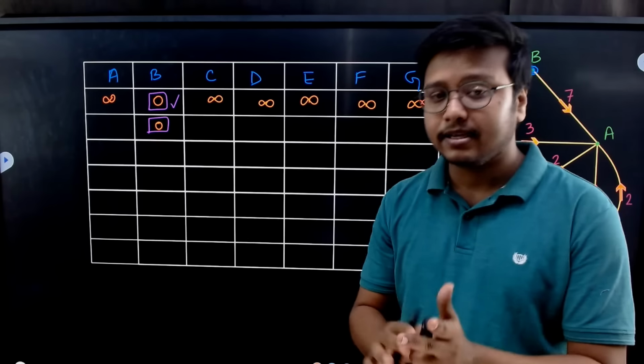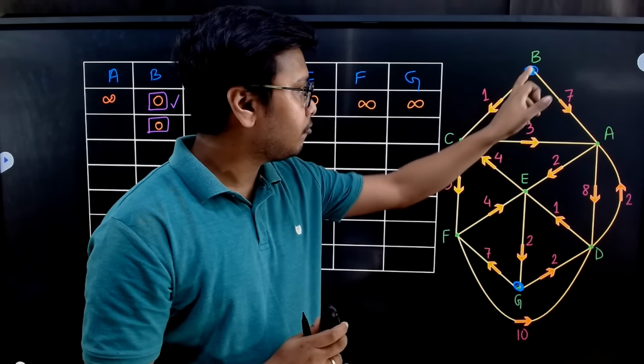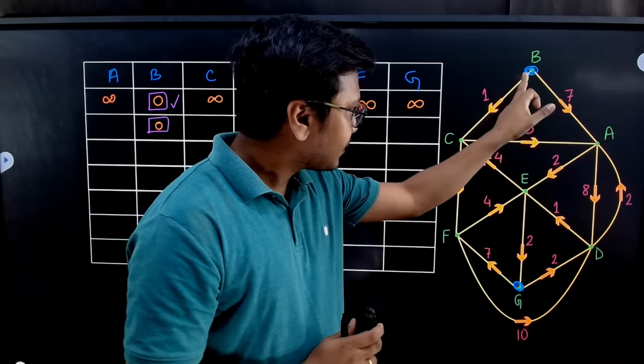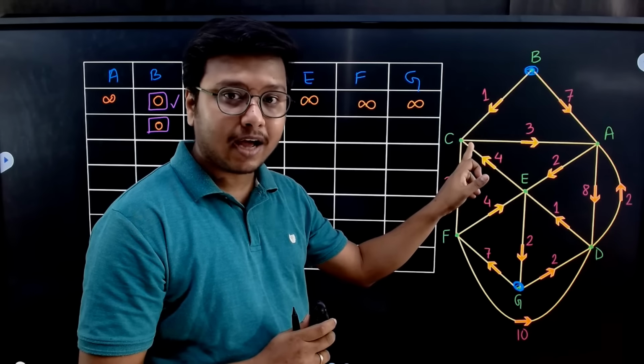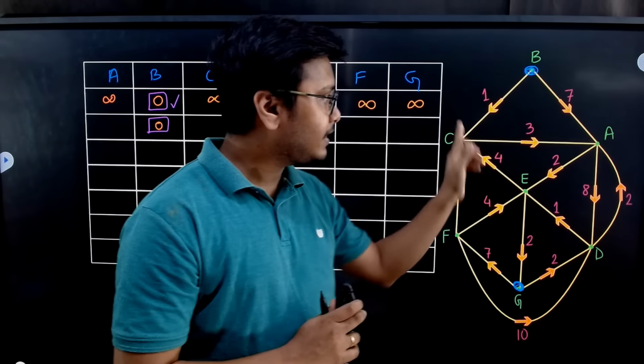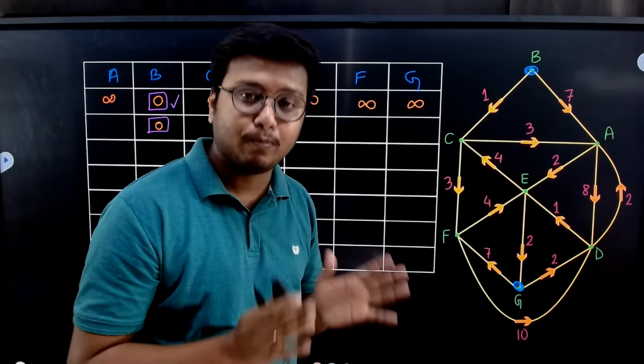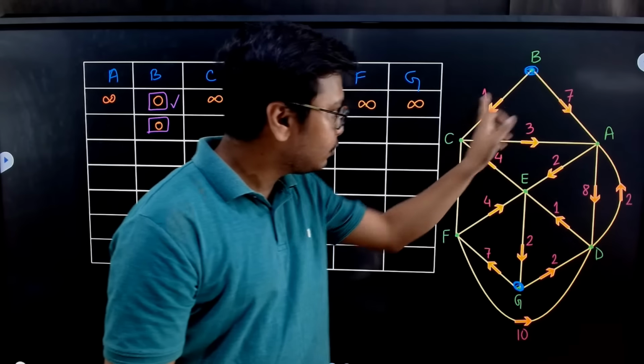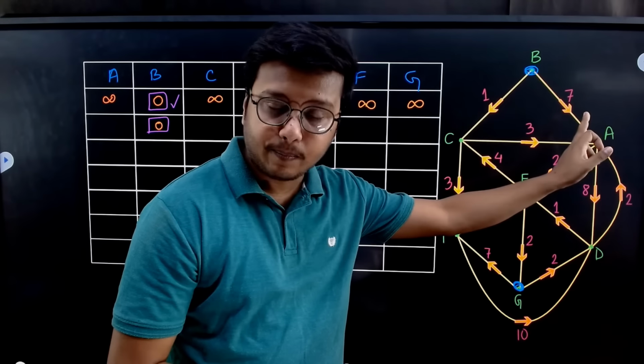What I'm trying to say is, let's say I have a connection from B to C, but I don't have a connection from C to B. In the previous case, B to C and C to B, both directions were connected, both were possible. In this case, B to C is possible, C to B is not possible.